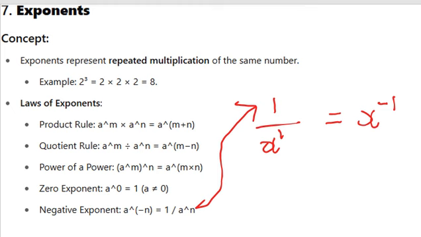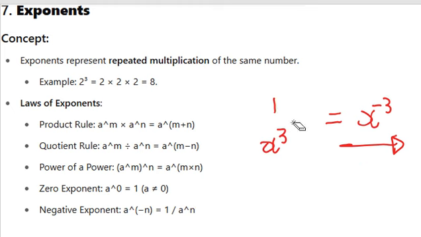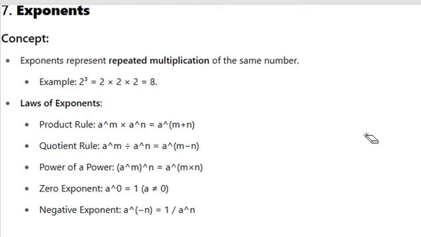If we have an exponent of 3 below, it's the same thing as x to the minus 3. Sometimes in some problems you can be given something like this.